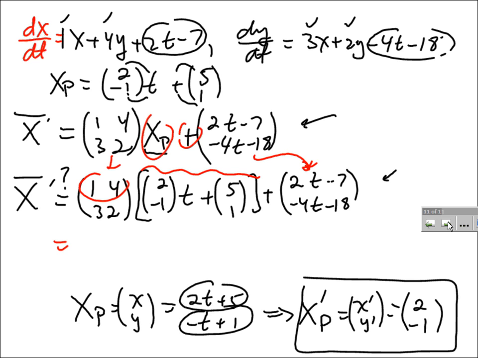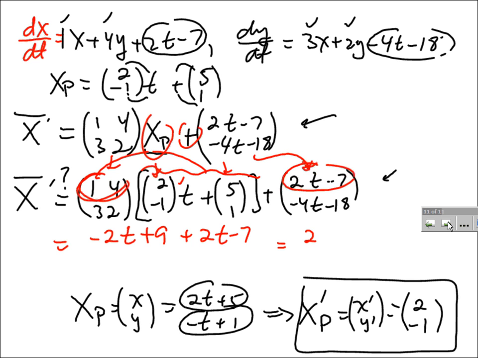Well, (1, 4) times (2, negative 1) is negative 2 times t. Distributing, 5 plus 4 is 9, plus 2t minus 7. That's just going to be 2, which is just what we wanted, because that cancels. When I multiply (3, 2) by (2, negative 1), I get 6 minus 2, which is 4t's.